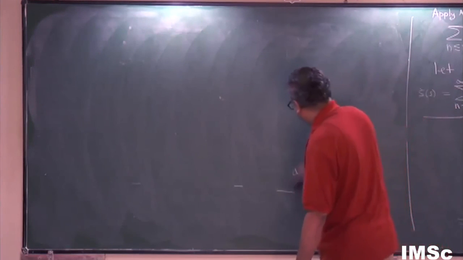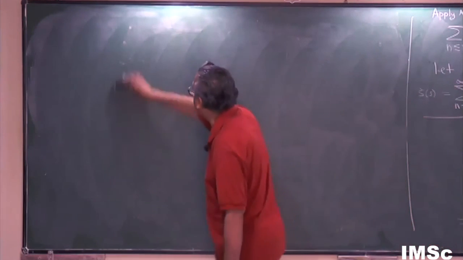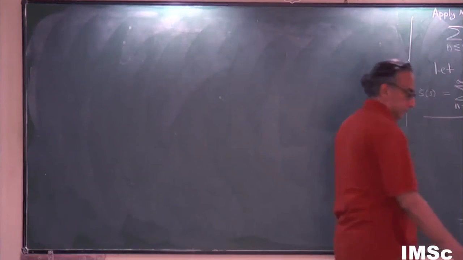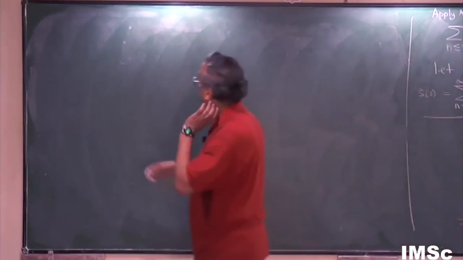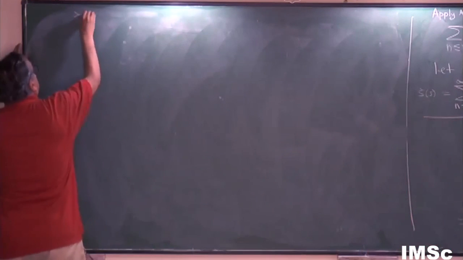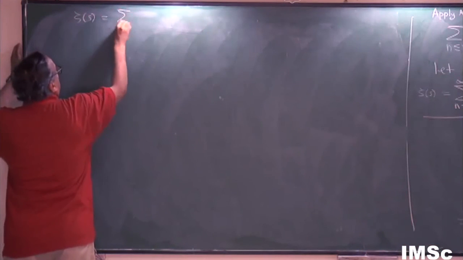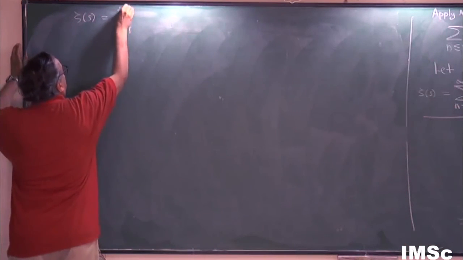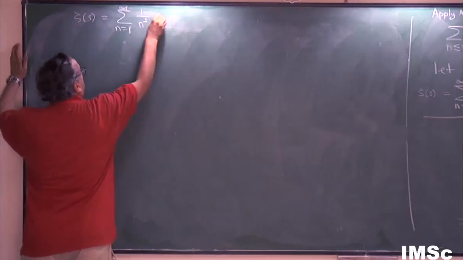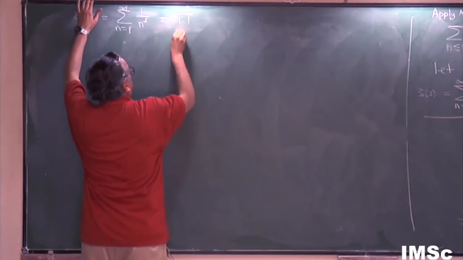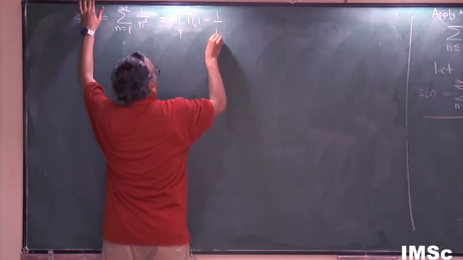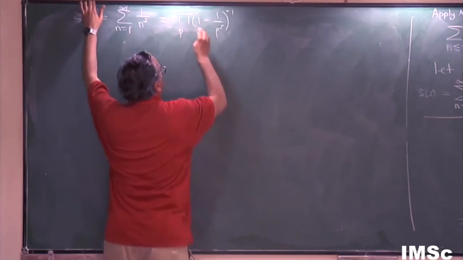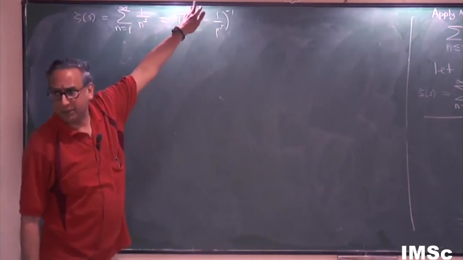I shouldn't have rubbed that thing off, but let me put it back on again. So on one hand, we have zeta(s), the sum from n going from 1 to infinity of 1 over n to the s, equals the product over p. I'm just always using p as a prime, just to keep that in mind.